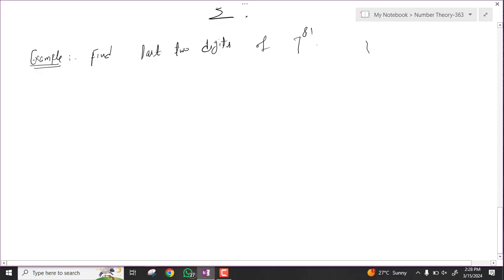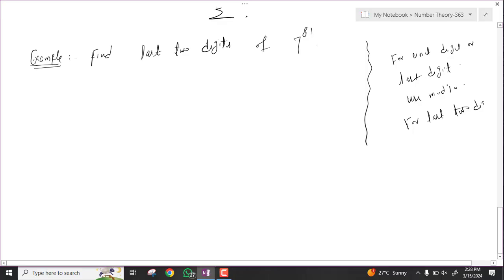So here you note down one point: for unit digit or last digit, use modulo 10. For last two digits, use modulo 100.